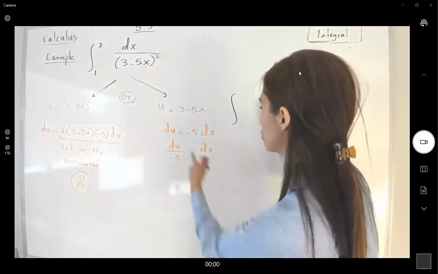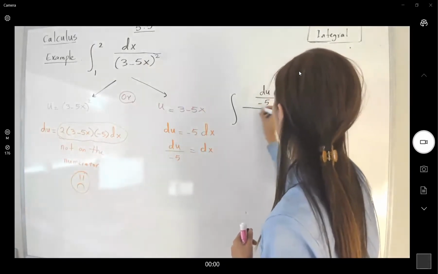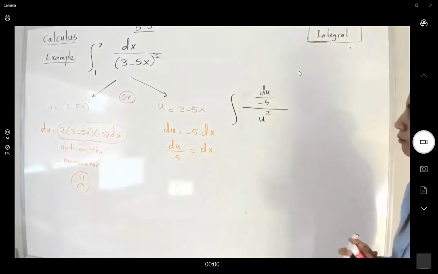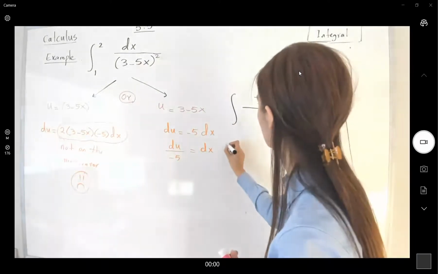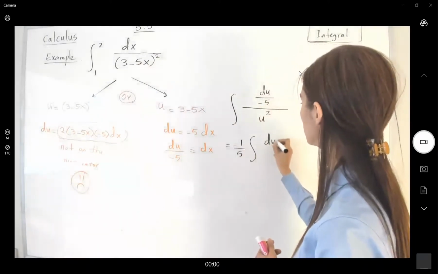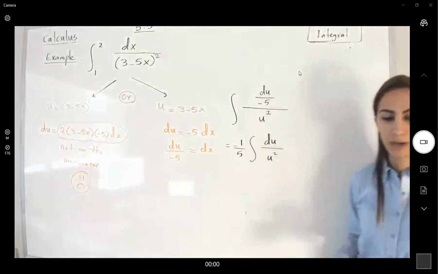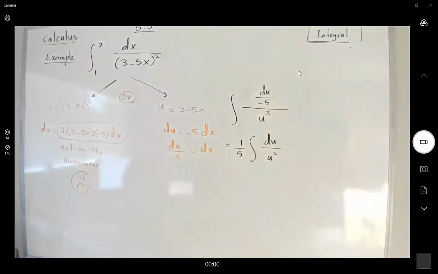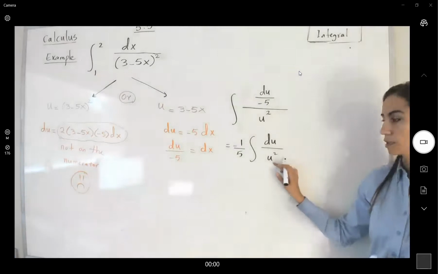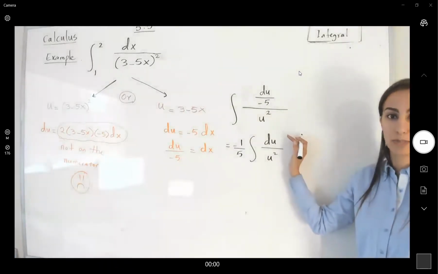Eventually we're going to change those. Du divided by minus 5 over u squared. Well, this guy is equal to negative 1 over 5 integral du divided by u squared, which is something that I can work with. I already know how to take this integral. This is just a term raised to the second power. I can write it on top, and it's going to be negative 2.